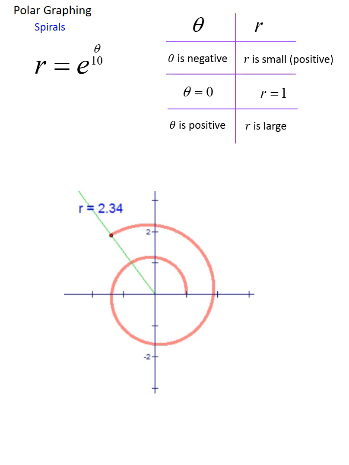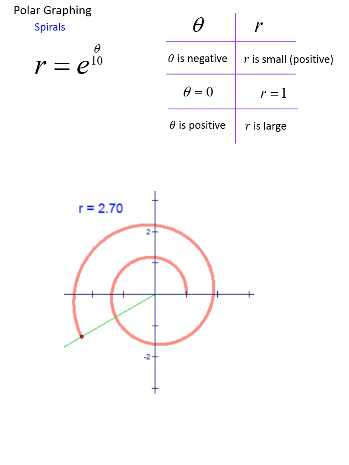I'm going to stop here at about 10 radians. At this point, theta is about 10. Remember that 2 pi radians is a complete circle, which is about 6 radians. So it makes sense that 10 radians would be over here somewhere.